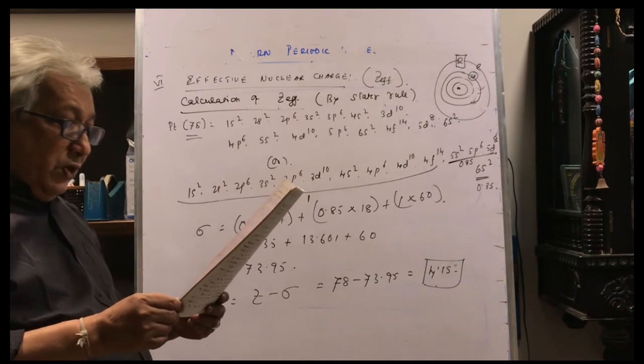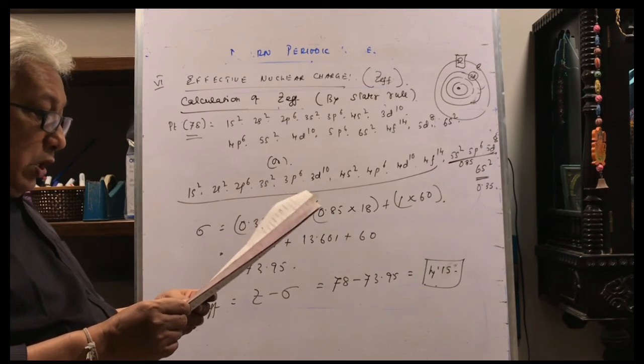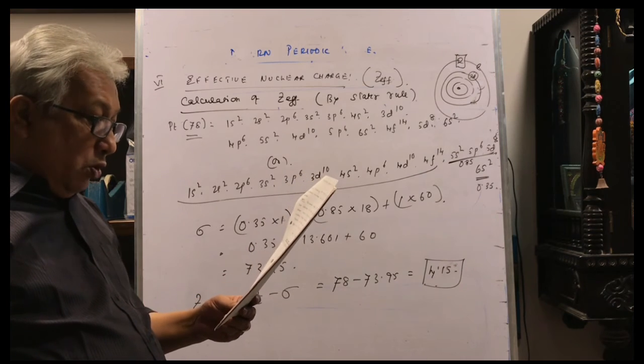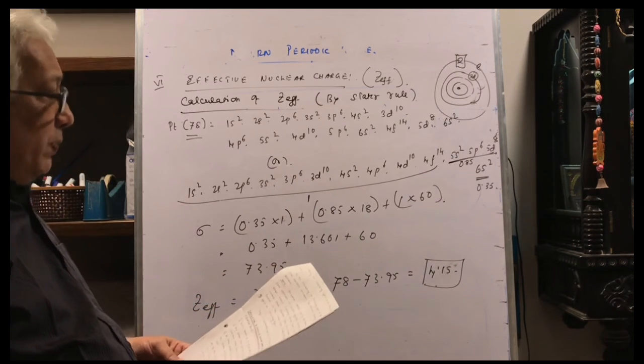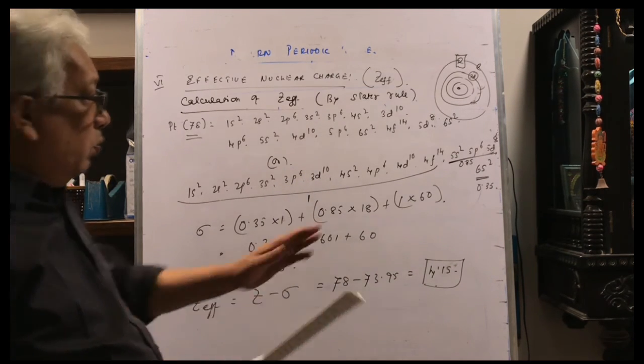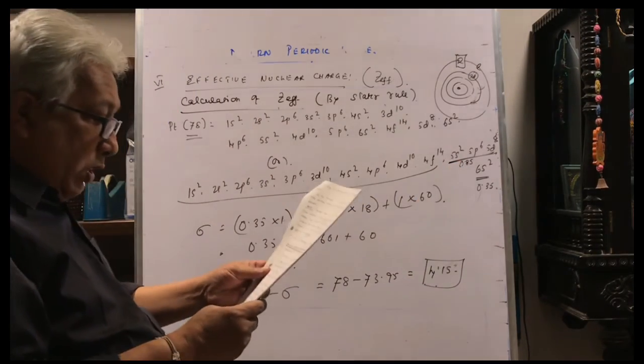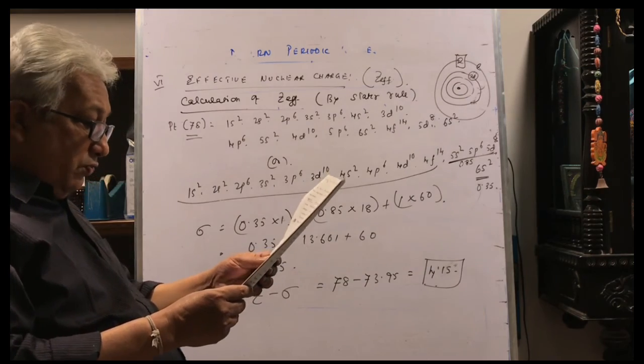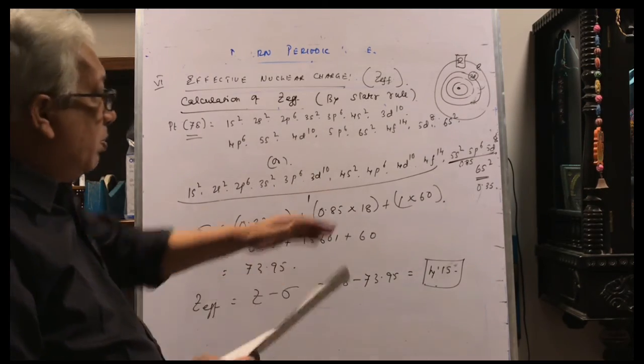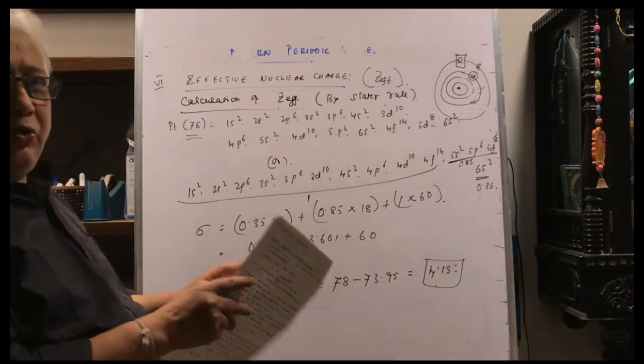If the electron of interest is S or P, then all electrons with one less value of the principal quantum number will be 0.85. All the electrons with two less value of the principal quantum number shield to the extent of 1 unit.